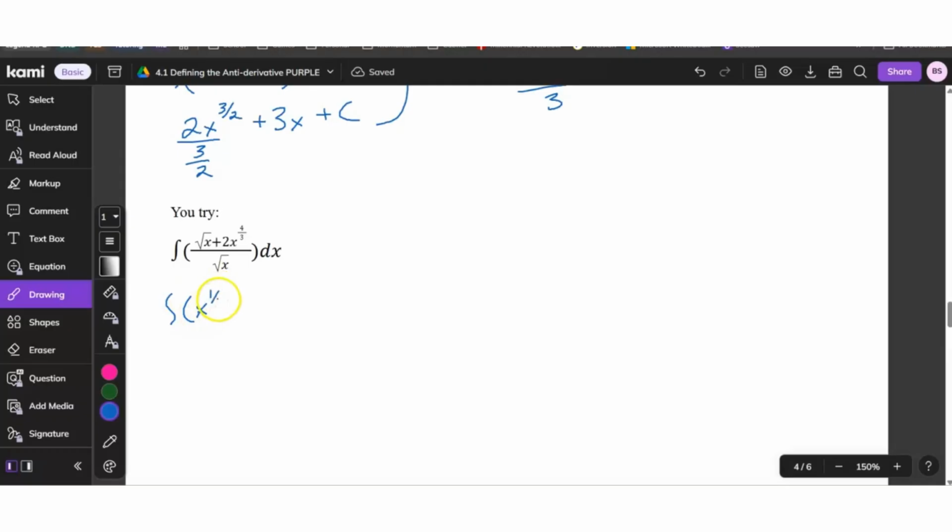And I changed them into fractional exponents. Because if it's on the bottom, to write it on the top, I have to make it negative. And then I can distribute it.